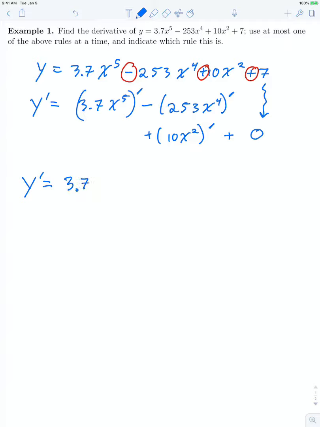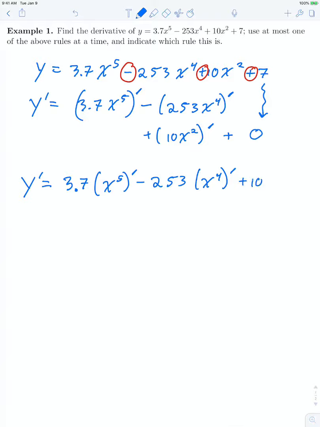So this is 3.7, and then the derivative still, I need to take it, of x to the fifth, minus 253, and then I still need to take the derivative of x to the fourth, plus 10, and then I still need to take the derivative of x squared. And that is the constant multiple rule.